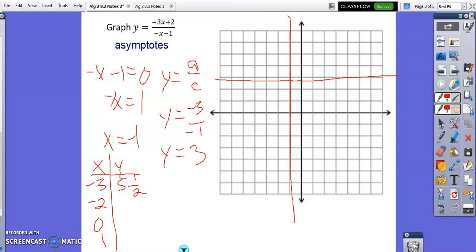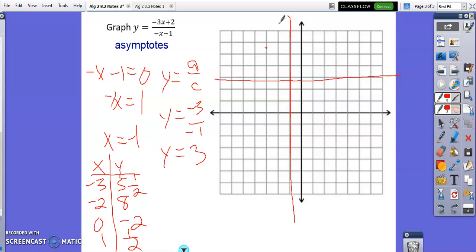When x is -2, y is 8. When 0 goes in, -2 comes out. And when x is 1, the output is 1/2. So that's left 3, up 5.5. 1, 2, 3, and up 1, 2, 3, 4, 5.5. Right there. Then left 2, up 8.